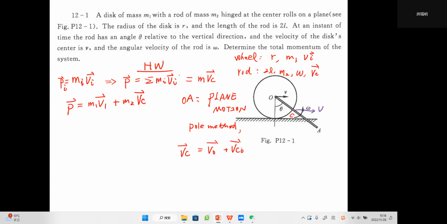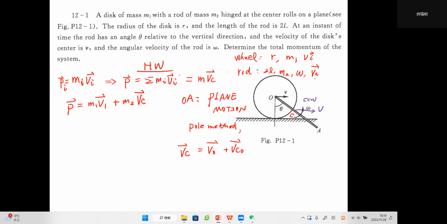Another one, VCO, should be perpendicular to OC, and along this direction, according to omega. Here you can find that we know this omega before we do the calculation, and this omega is in the CCW direction, right?